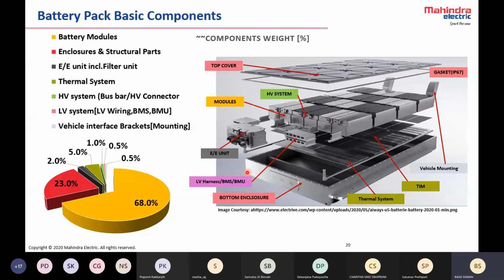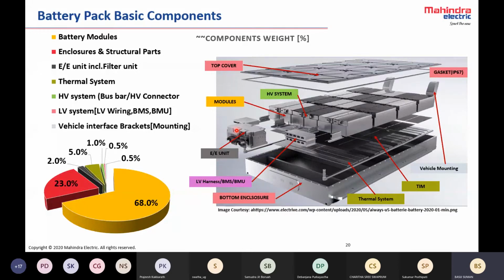If you have BMUs, then each BMU is on the low voltage side, and from the BMU only the signal comes. But if you have all the connections coming to the BMS, then it has to be protected for HV. That sometimes is costly. So there are ways to do everything in the BMS, or doing it by BMS and BMU.